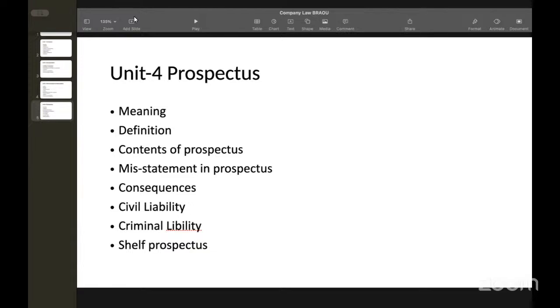Mechanisms like the shelf prospectus further simplify the process for repeated issuances, benefiting both companies and investors. Overall, a well regulated prospectus system ensures market integrity and safeguards investor interests. This was about prospectus, unit 4.